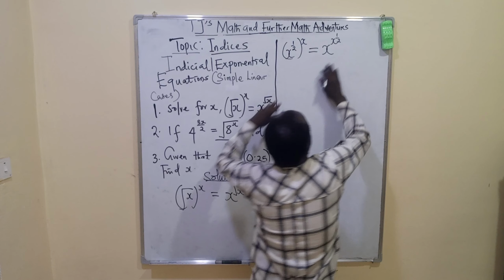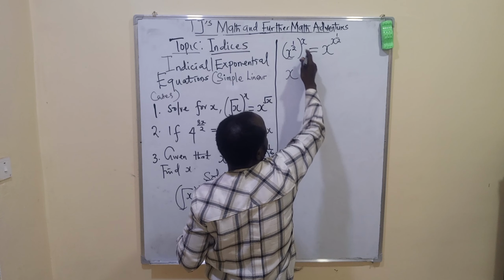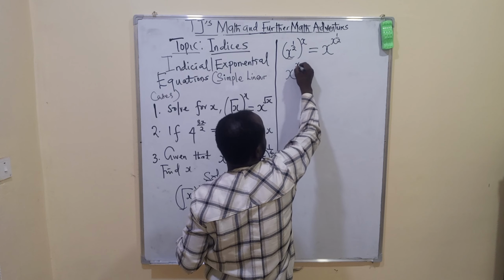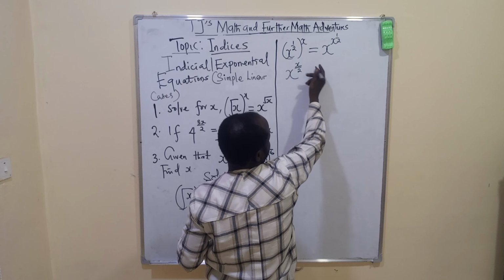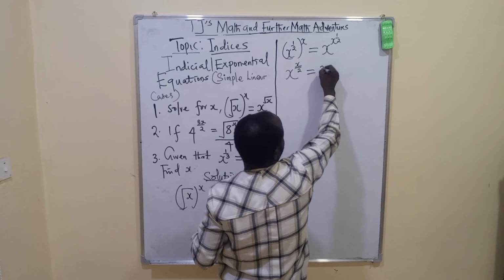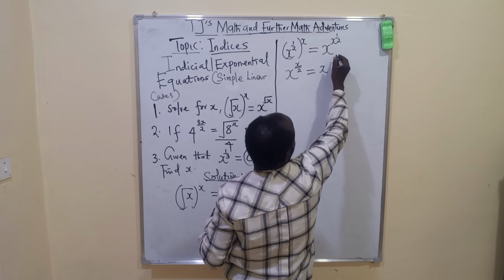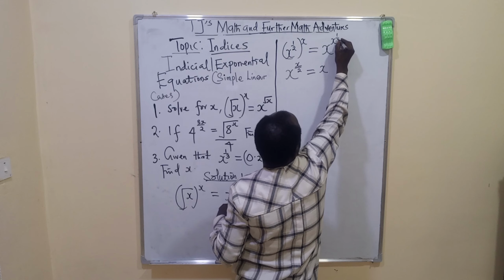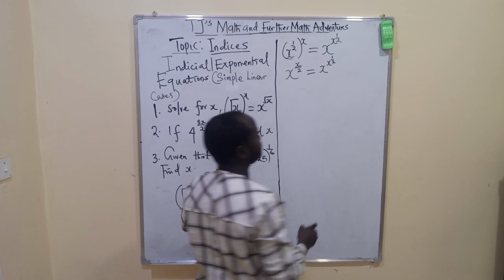So we'll have x power 1 over 2 times x, it will be x power x over 2, which is equals to x power half.